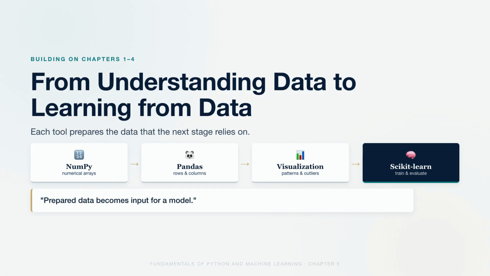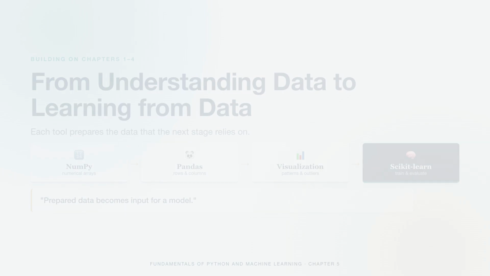Scikit-learn now uses prepared information to train machine learning models. A model does not replace NumPy, Pandas, or visualization. Instead, those tools work together. Pandas might organize the dataset, NumPy might represent the numerical values, Matplotlib might help us understand the data, and Scikit-learn then uses the prepared features and labels to train and evaluate the model.